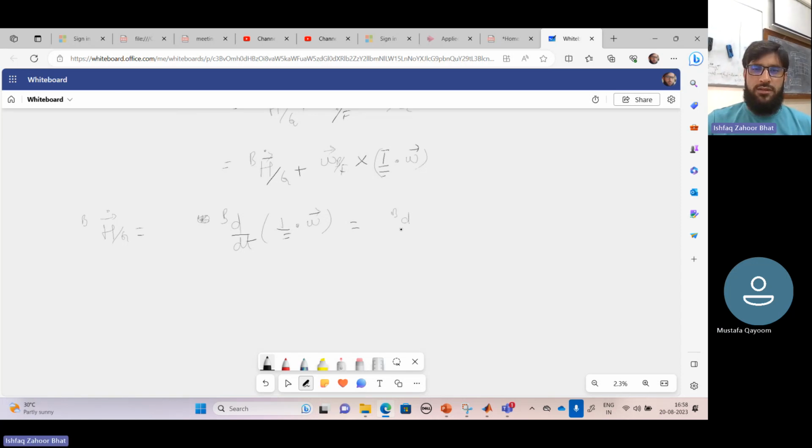So d by dt of I dot omega plus d by dt of this times omega, okay, and this is equal to... So I already told you that in body frame, this is a body and it will have some inertia tensor associated with this body.